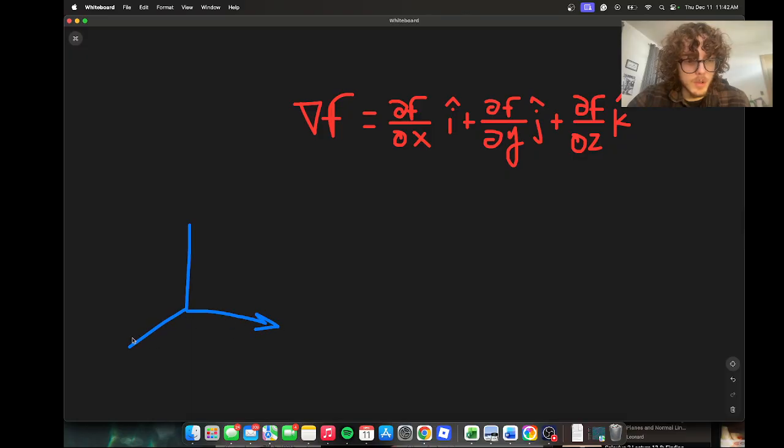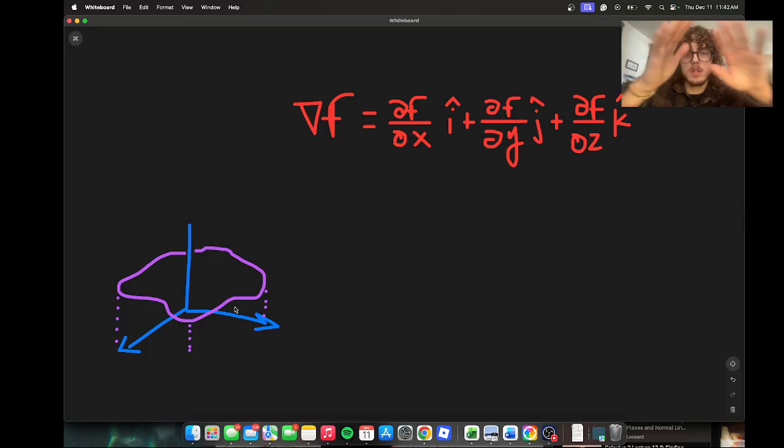Let's take some surface in 3D. Let's imagine it goes behind the graph and then comes forward like this, right? I apologize if it's a little messy, but hopefully you can see the curve.